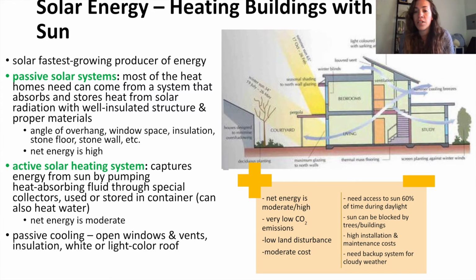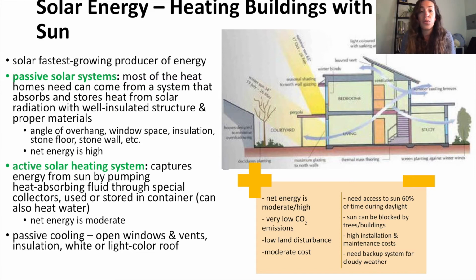Passive solar is a huge push right now from architects to building managers, etc., who are trying to redesign buildings so that most of the heat comes from the sun and solar radiation and doesn't actually need any heat generating power. So we can make sure that there is a well-insulated structure with proper materials that absorbs the heat that's coming into the building and retains that.